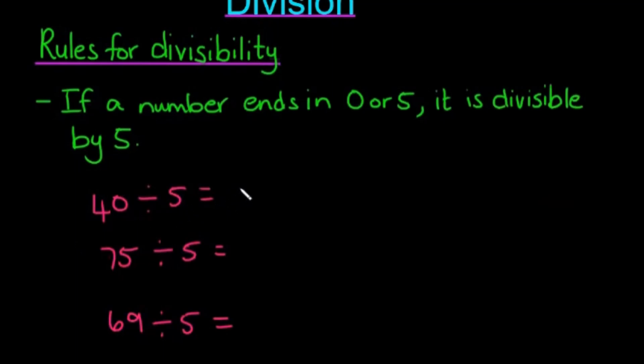This will give us an answer of 8. 75 divided by 5 is going to give us an answer of 15. 69 divided by 5, on the other hand, is not divisible by 5 because it will leave us with a remainder. If I divide 69 by 5, that's going to give me 13 with a remainder of 4, which means that 69 is not divisible by 5.